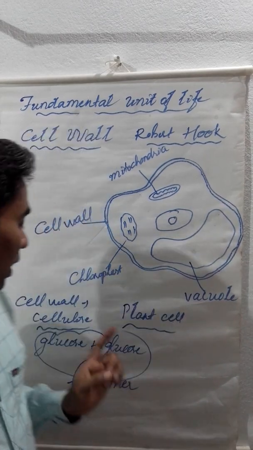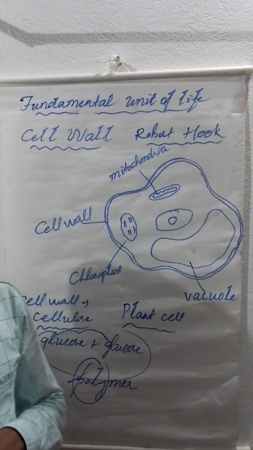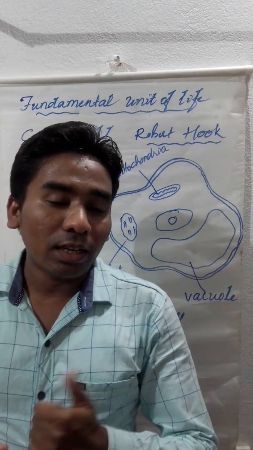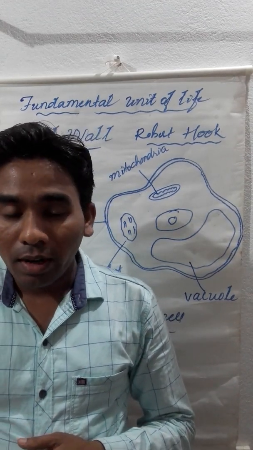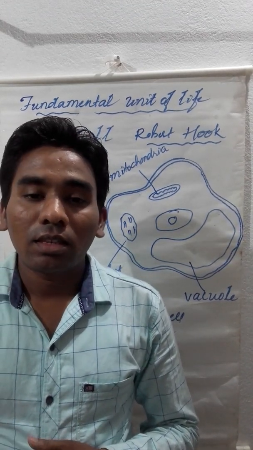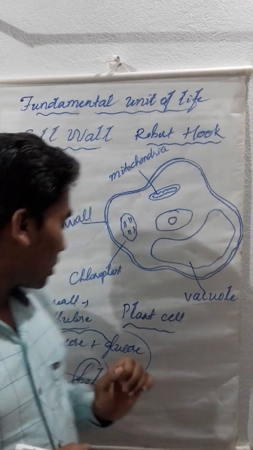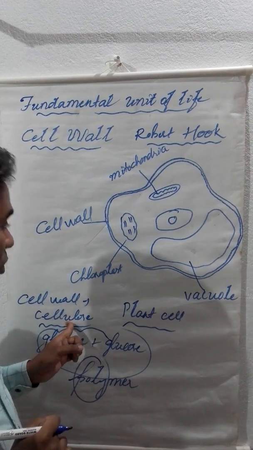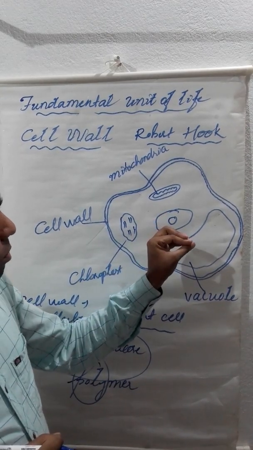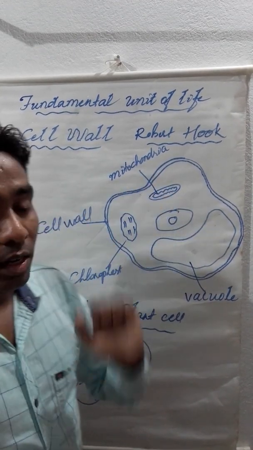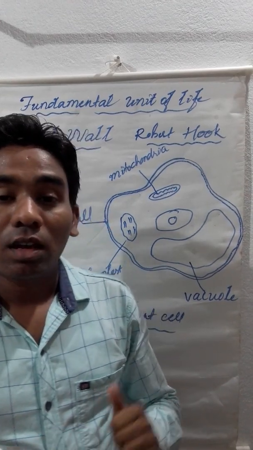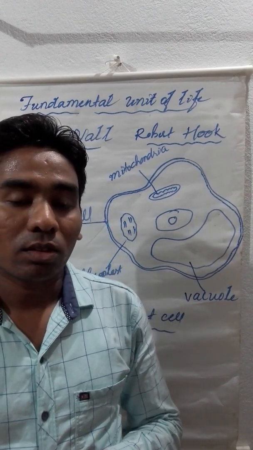It means it contains carbohydrate, and already we have known that carbohydrate is the energy. Means from this glucose, from this cellulose, the inner part of the cell is receiving the energy, and it is a carbon compound.